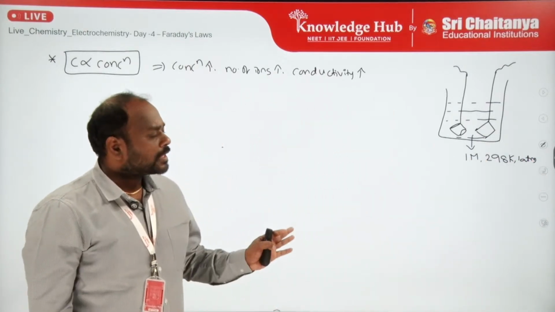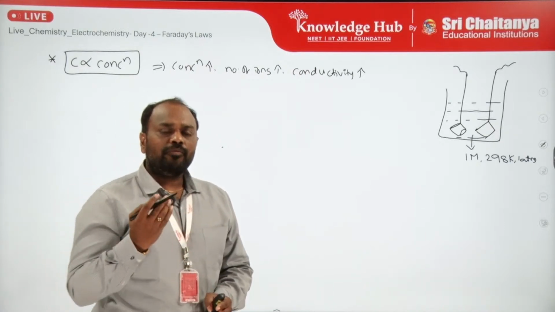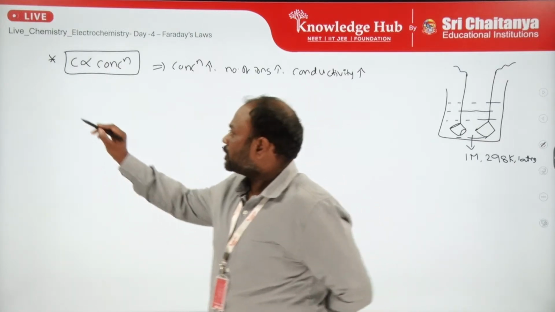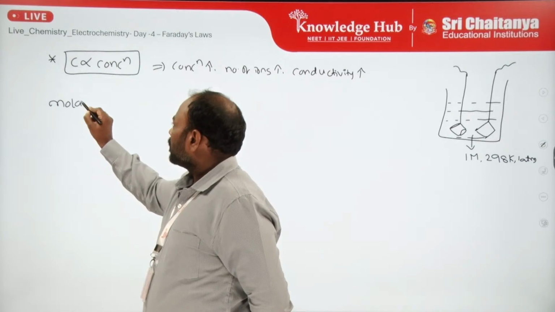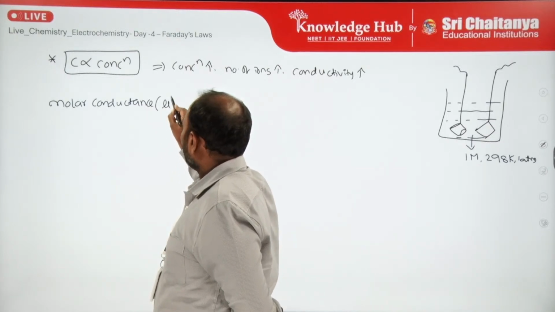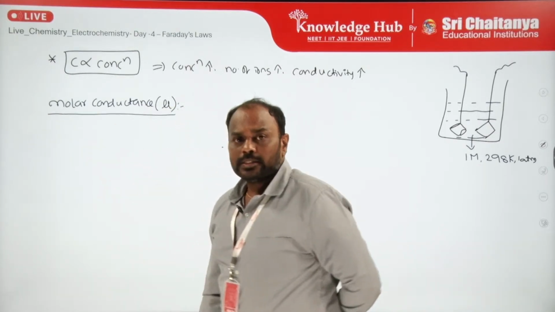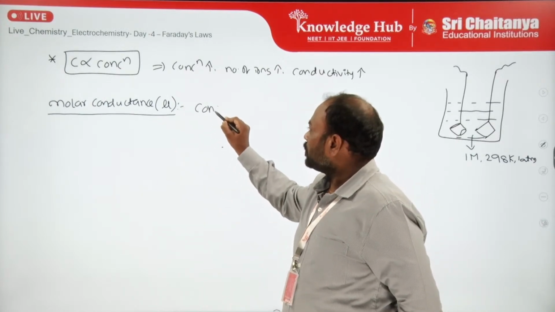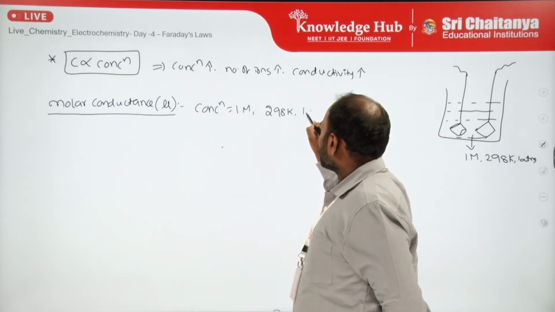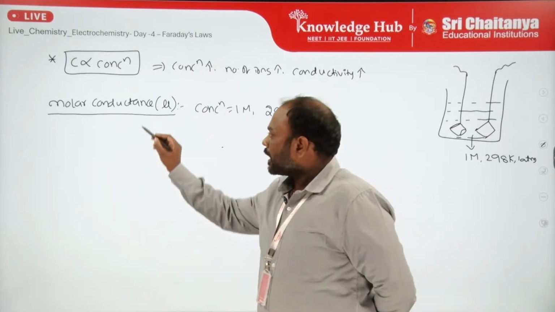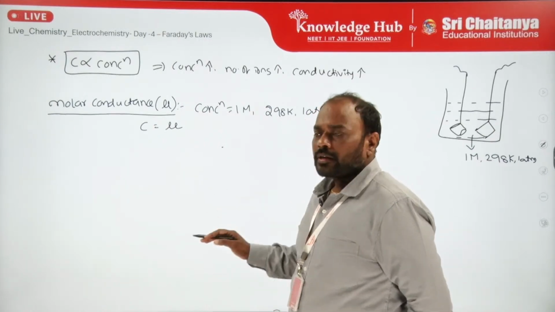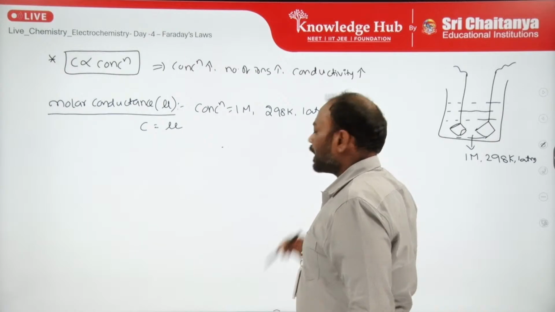If 1 molar solution is taken, then the conductivity is known as the molar conductance, represented with mu. So what is the molar conductance? Concentration of the electrolytic solution is 1 molar, temperature is 298 kelvins, pressure is 1 atmospheric pressure. Then that conductance is known as the molar conductance.